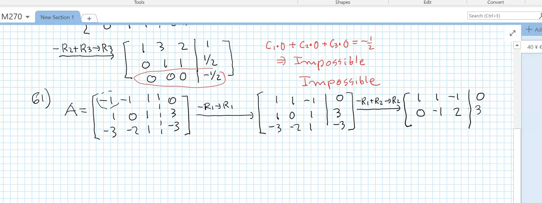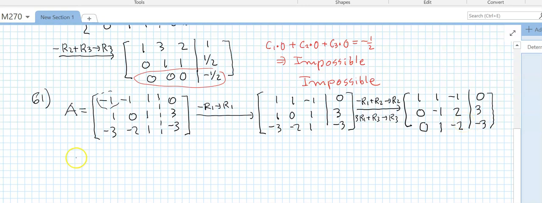And then let's do 3R1 plus R3 goes to R3. How about that? So it is 0, that's 3, so it's going to be 1, it's going to be -3. So -3, -2, and that's simply -3. Okay.